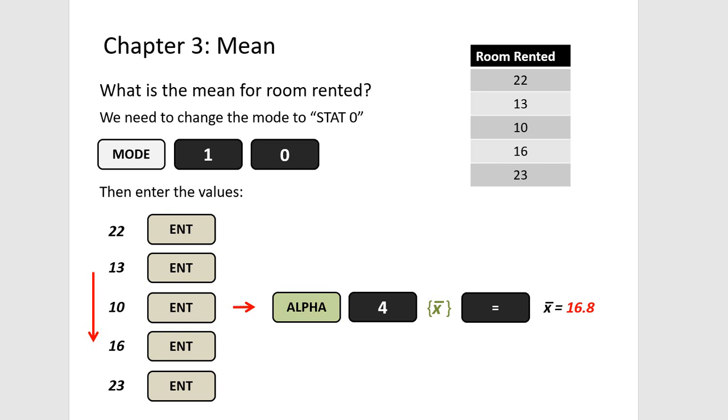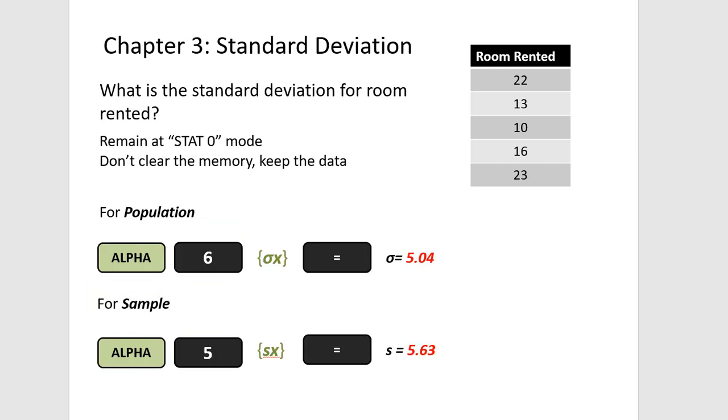Then you enter the values one by one, each value then enter. Then you press alpha 4 and it would give you the mean of either population or sample. If you want to calculate standard deviation, on the same stat 0 mode, if you press alpha 6, you would get a standard deviation of a population, and alpha 5, you get a standard deviation of a sample.